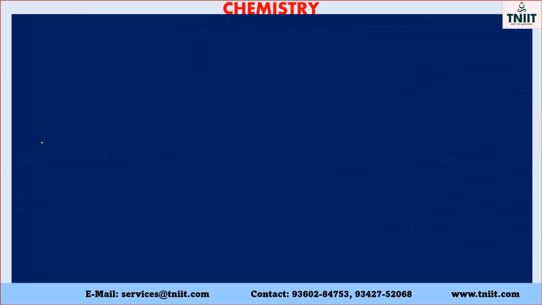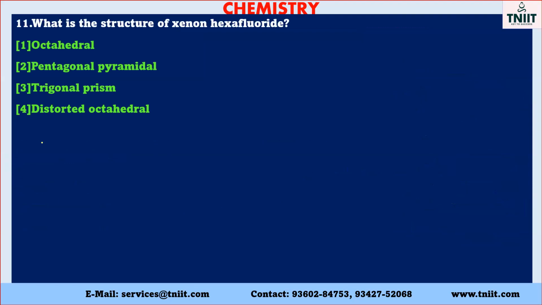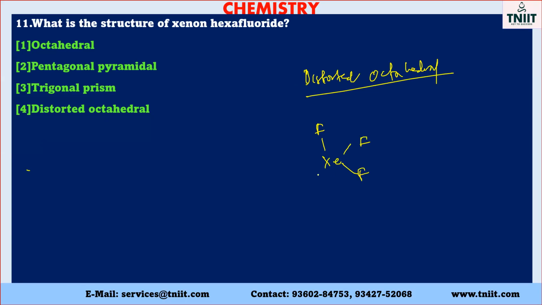The next question, what is the structure of xenon hexafluoride? Xenon hexafluoride will have a distorted octahedral structure. If we write the octahedral structure, we can write this with fluorine here, fluorine here, and also fluorine here.